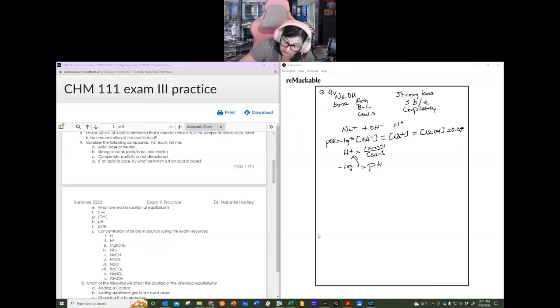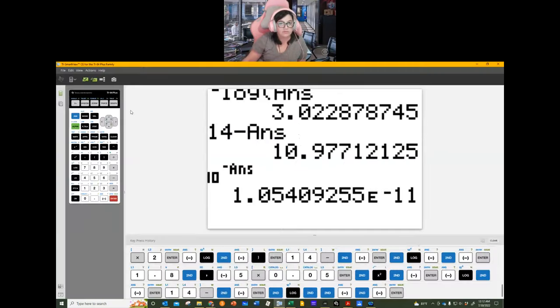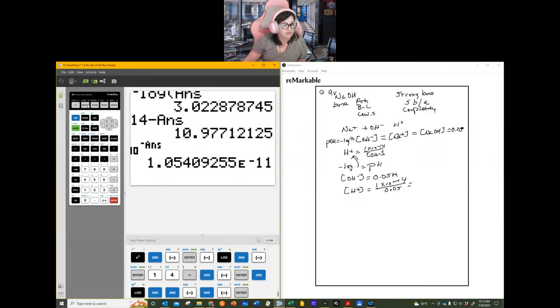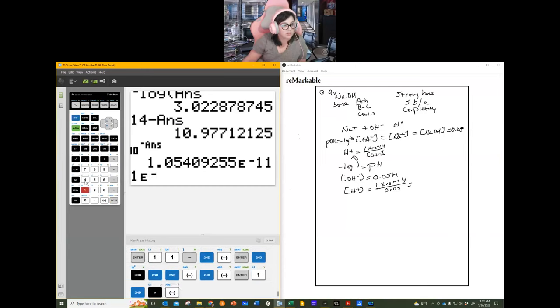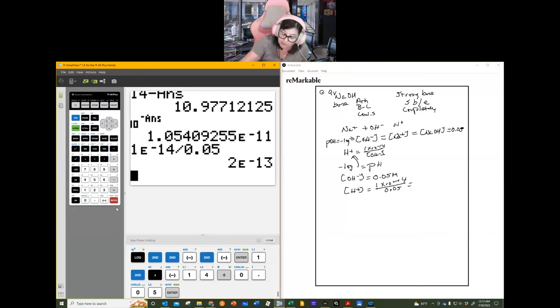So if we make the assumption that the OH minus equals 0.05 molar, then that means that our H plus is 1 times 10 to the minus 14th divided by the 0.05, and gives us 2 times 10 to the minus 13th.